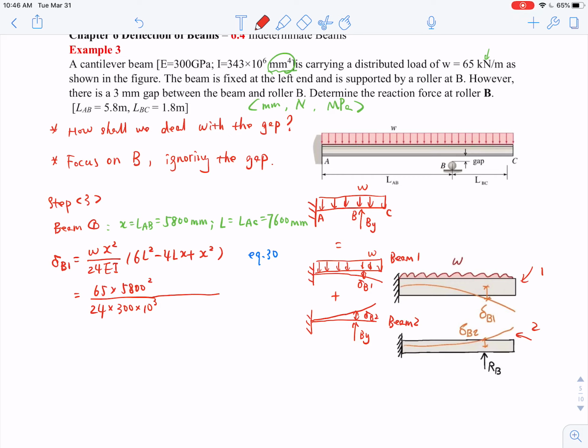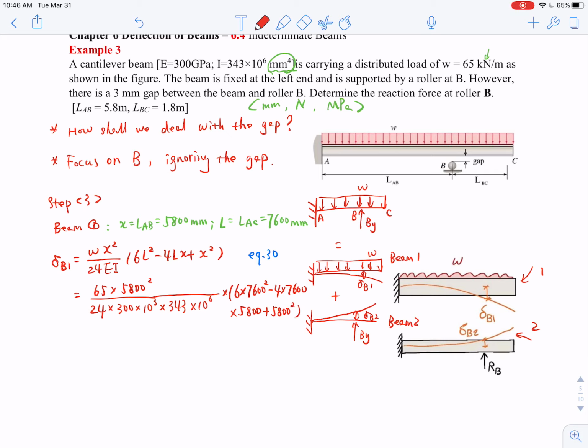Right, so by the I it's 343 million millimeter to the fourth. Right, by 6 times 7,600 square minus 4 times L 7600 times x, that is 5800 plus 5800 square.